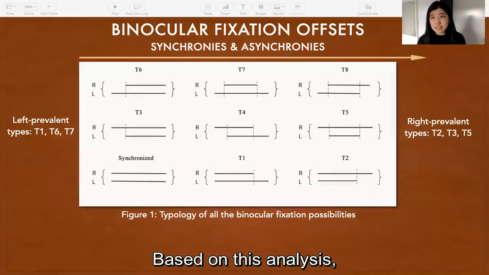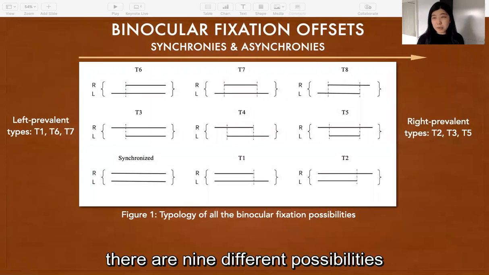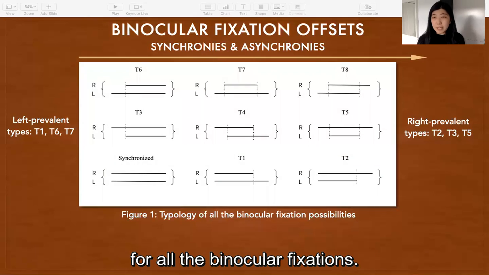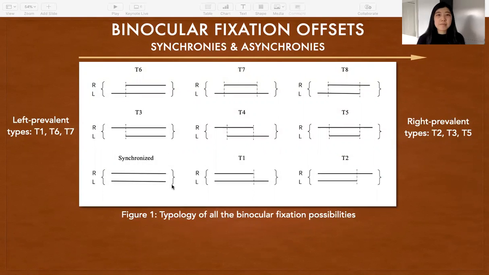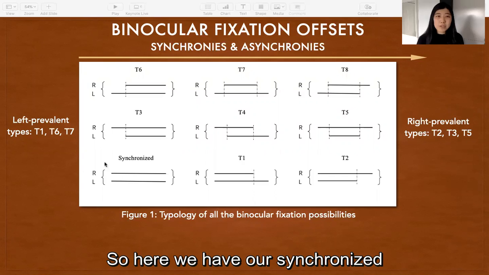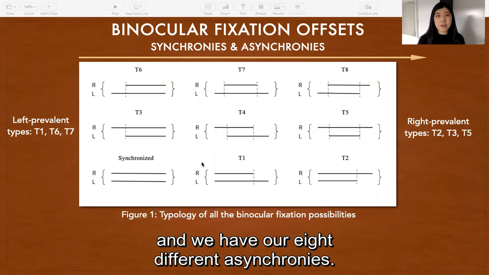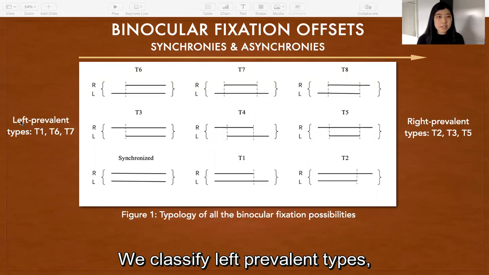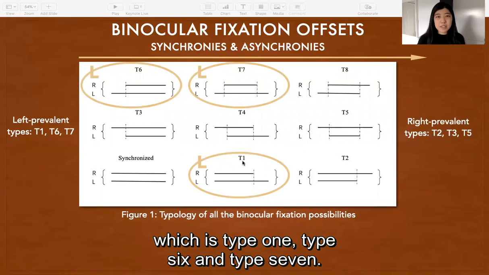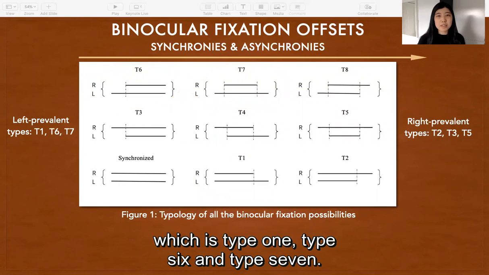Based on this analysis, there are 9 different possibilities for all the binocular fixations. Here we have our synchronized type and our 8 different asynchronies. We classify left prevalent types, which are type 1, type 6, and type 7.